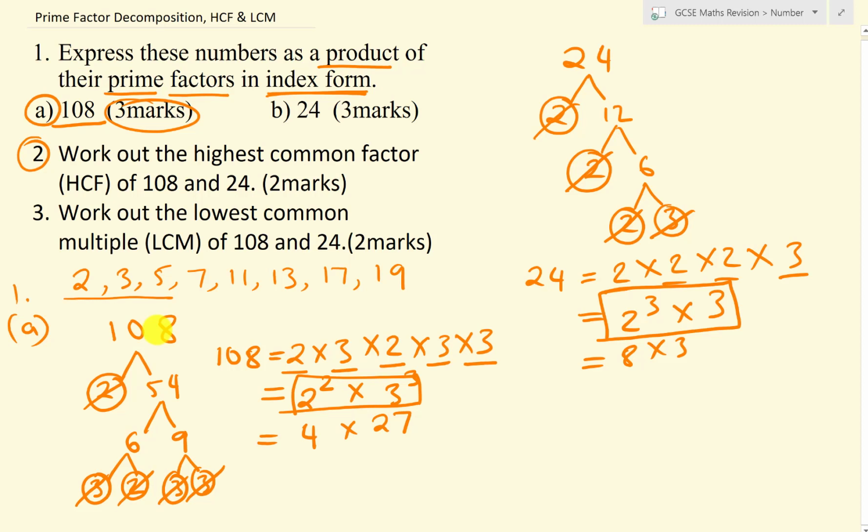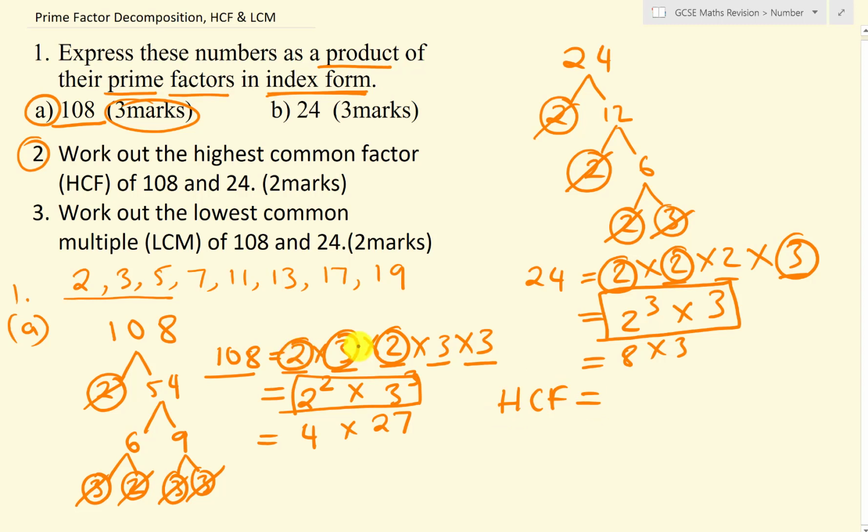So on 108, we can see 2 is common, and we have another 2 common here. Here we have a 3 common and a 3 common. We have a 2 common, we have 2 common. And we cannot see any other pair of numbers that are common in 108 or 24.